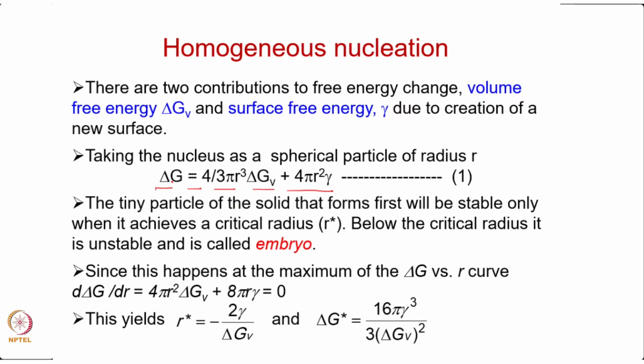If you differentiate this and set it equal to 0 corresponding to that maximum, then you can derive the critical size R star and also the critical free energy change, or the energy barrier. Right? So now let us come back to the heterogeneous nucleation case.